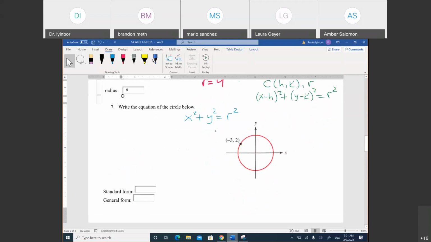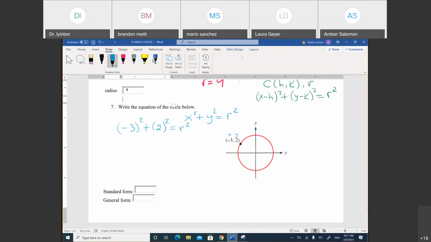So now, from this equation, I'm going to find r. What is given? We have this circle given. We have this point on the circle. So the first number is x, and the second number is y. So I'm going to plug x and y into the formula, and I'm going to find what r is. So I have negative 3 squared, plus 2 squared, equals r squared.